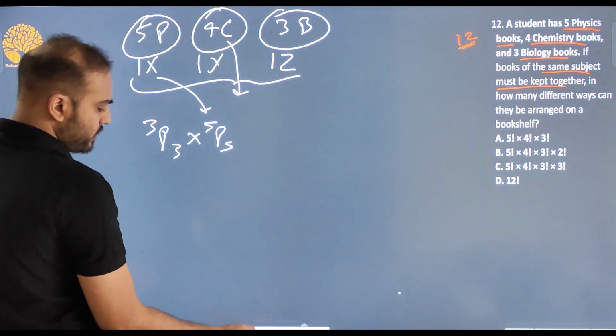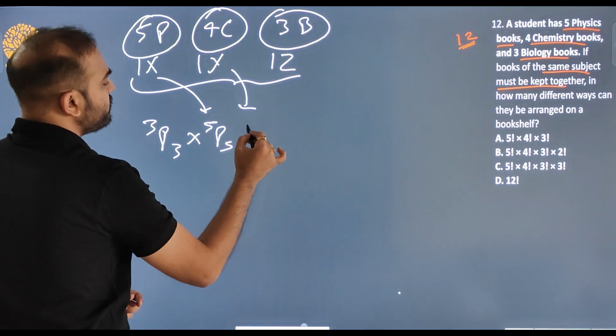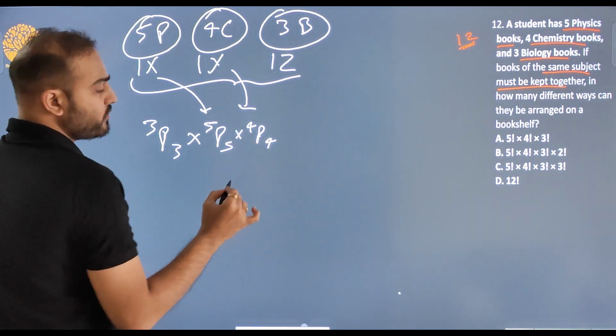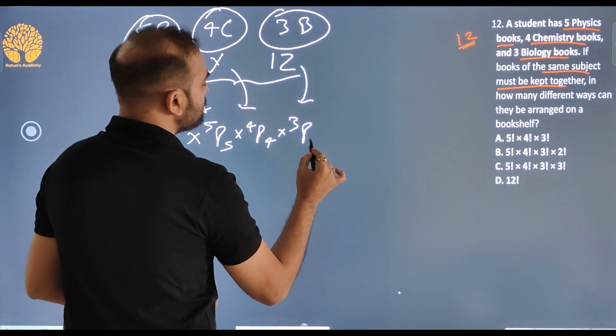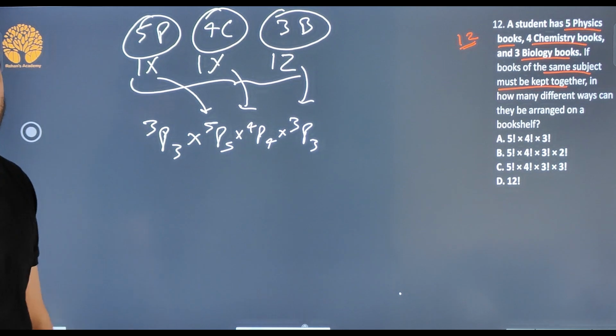Now within this x, the 5 physics books will arrange themselves in 5P5 ways. Within this y, chemistry books will be arranged in 4P4 ways, and within this z, biology books will be arranged in 3P3 ways.